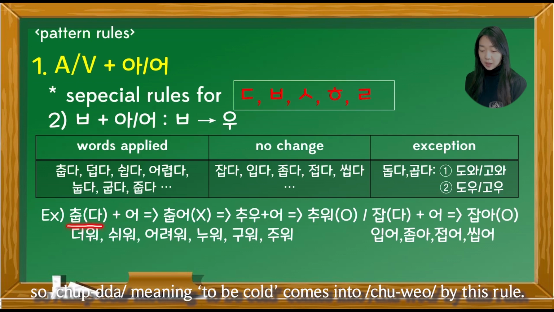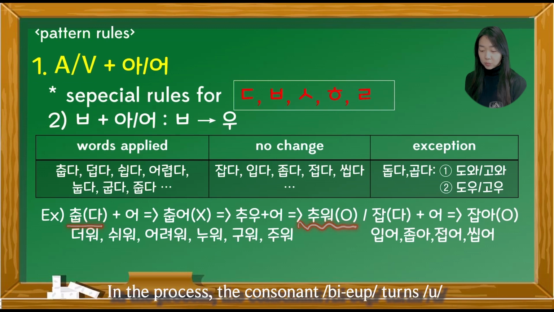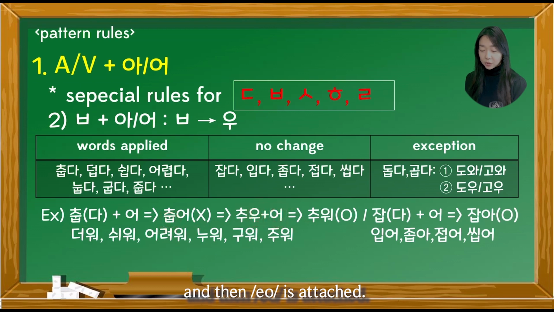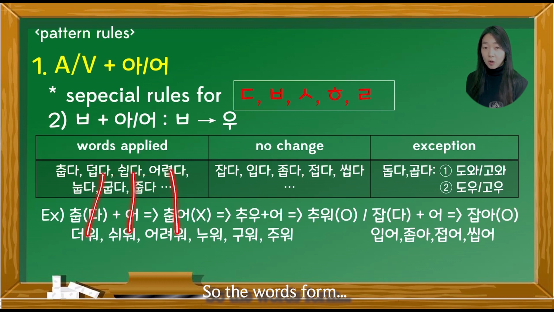So 춥다, meaning to be cold, comes into 추워 by this rule. In the process, the consonant 비읍 turns 우 and then is attached. So the words form 더워, 쉬워, 어려워, 누워, 구워, 주워, etc.